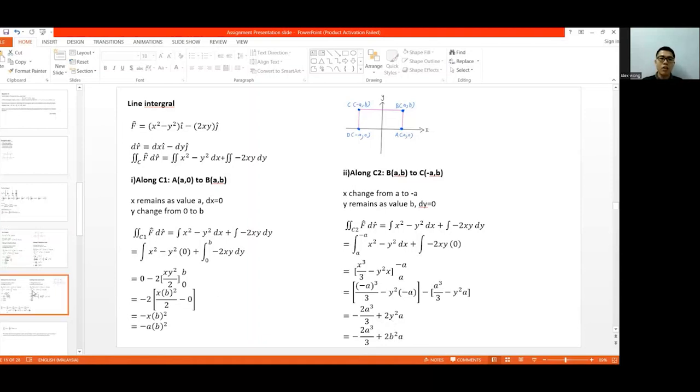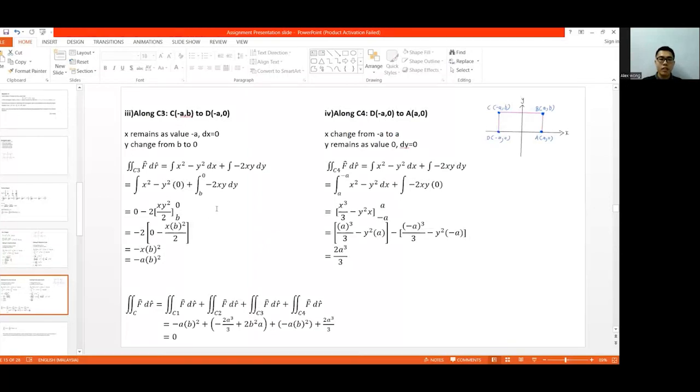Next, we find path 3. For path 3, x remains as value negative a, so that dx equals 0 and y changes from b to 0, and then we find the line integral of path 3 is equal to negative a multiplied by b squared.